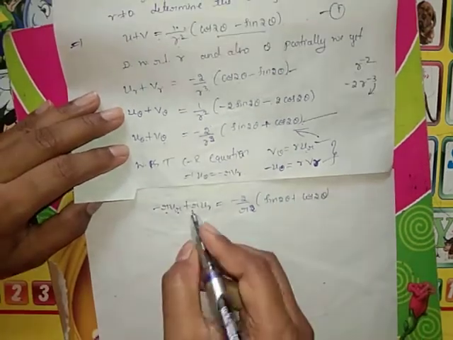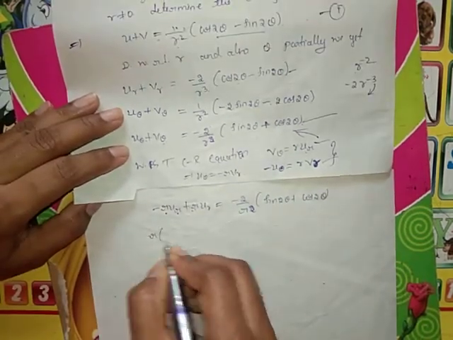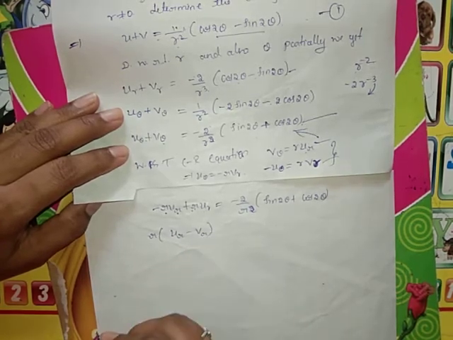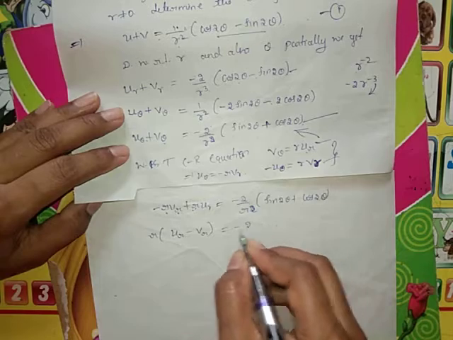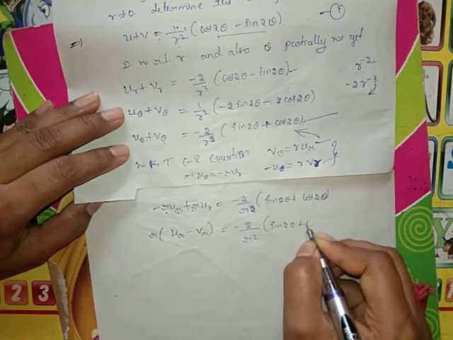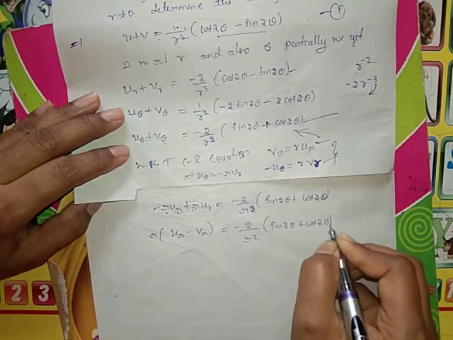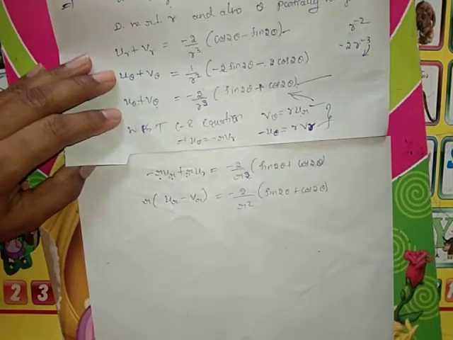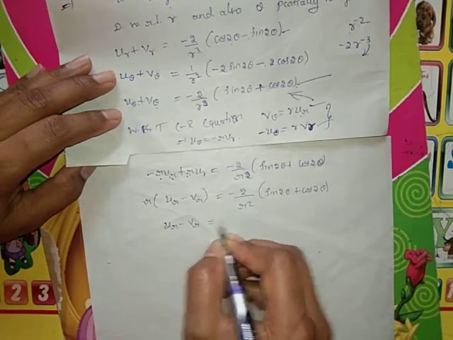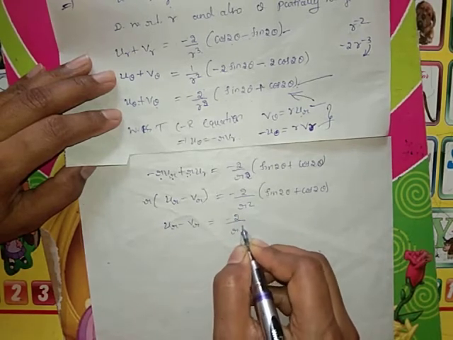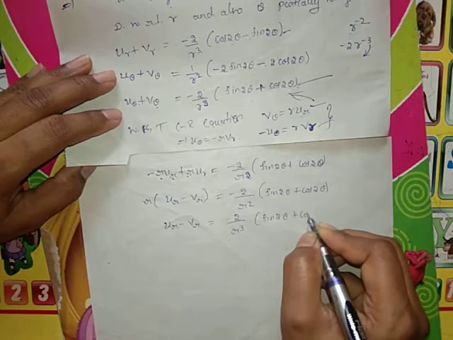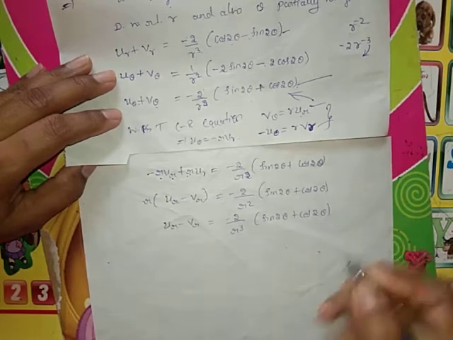Now take r common: ur minus vr is equal to minus 2 by r square into sin 2 theta plus cos 2 theta. Send this r onto the RHS side: ur minus vr equal to minus 2 divided by r cube into sin 2 theta plus cos 2 theta.